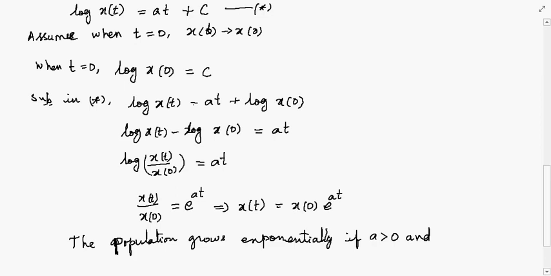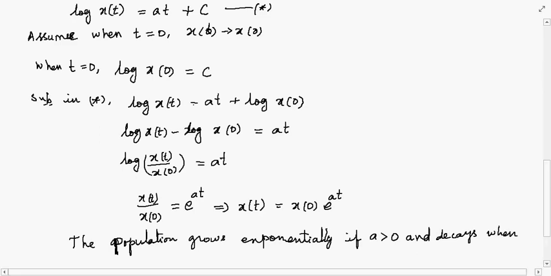That is, e power a negative quantity will be a decreasing function. So we will say that the population decays when a is less than 0. So I can write: the population grows exponentially if a is greater than 0 and decays when a is less than 0.